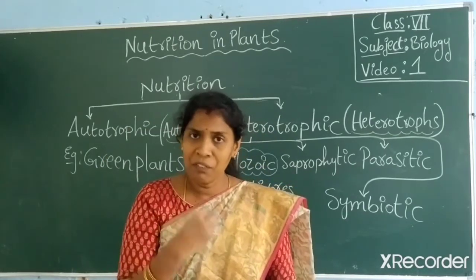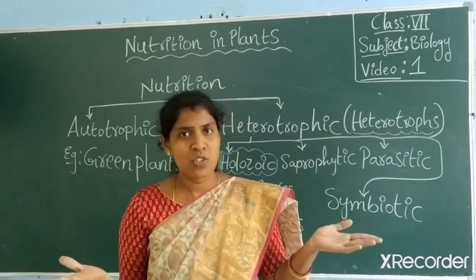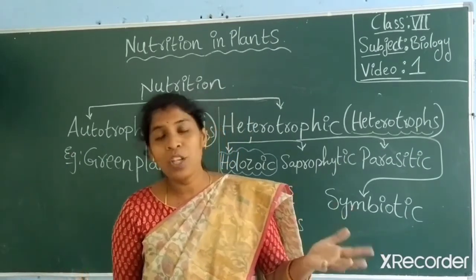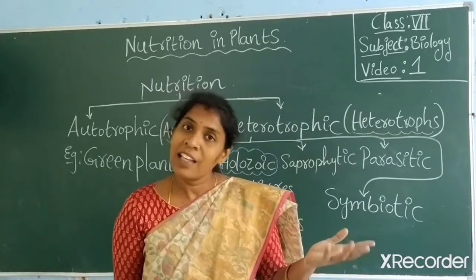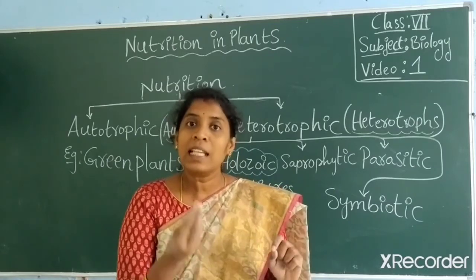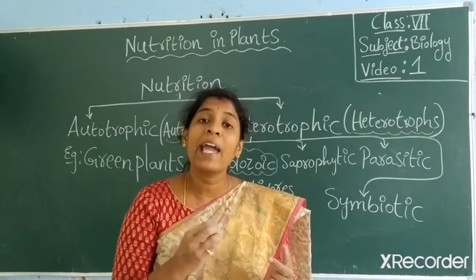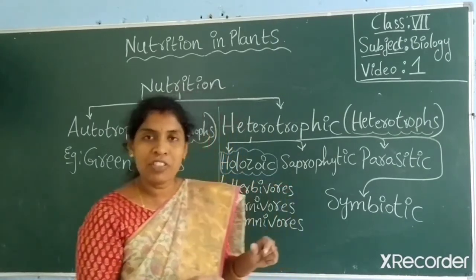So we are taking food. For what are we taking food? To get energy. Am I right? Each and every organism takes food for energy. So the meaning of nutrition is taking in food and utilization of food by an organism.